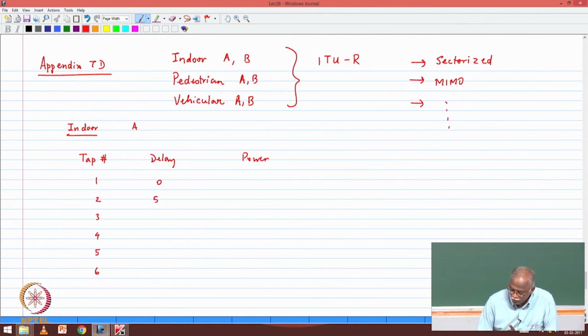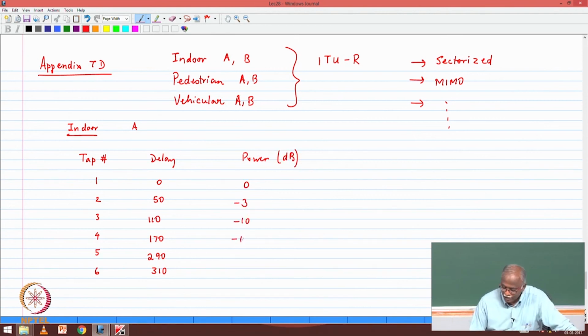The delays are 0, 50, 110, 170, 290 and 310. The power levels are 0 dB, minus 3, minus 10, which starts to look like an exponential, minus 18, minus 26, minus 32.